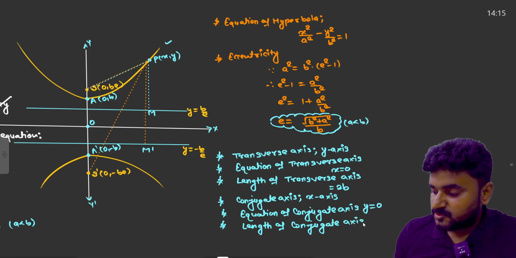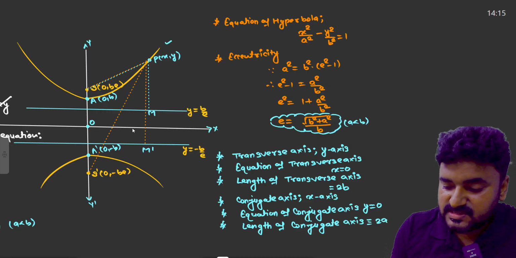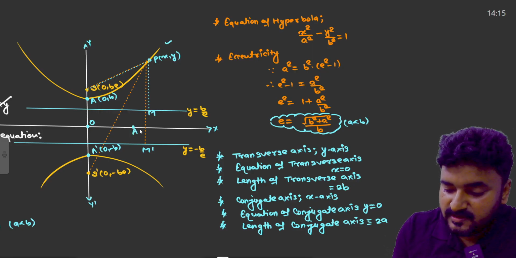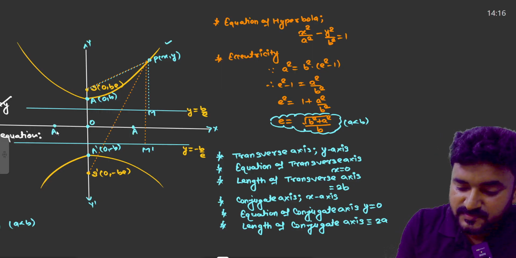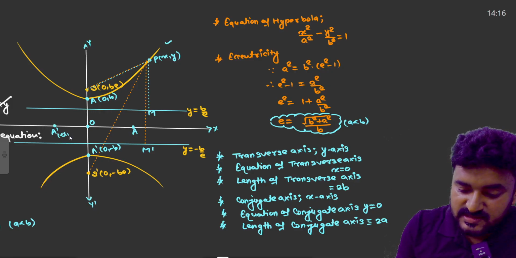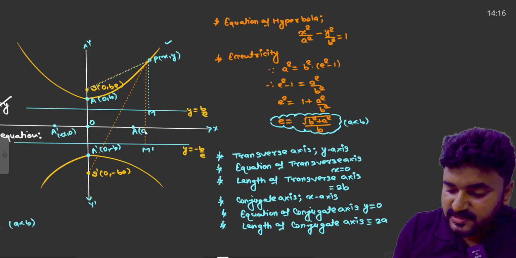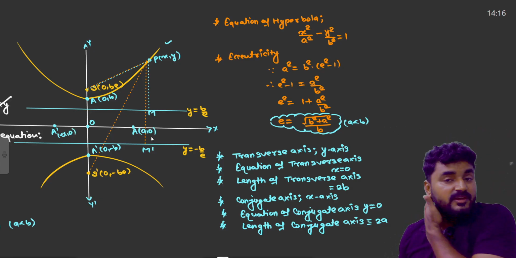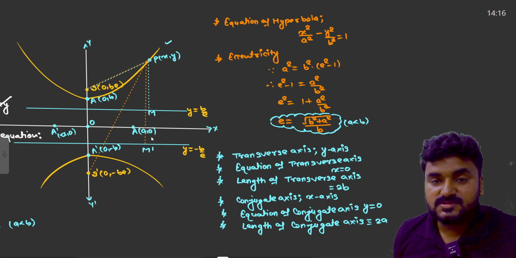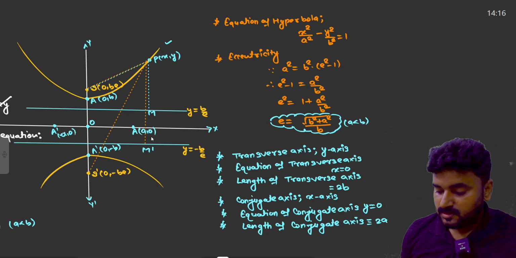This length we should take as 2a. On the axis we will take A dash at minus a comma 0 and A at a comma 0, so the length is 2a.